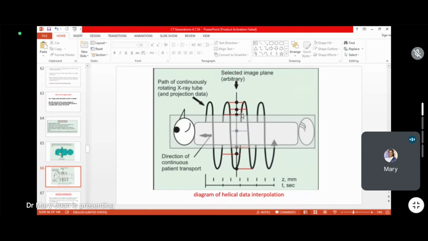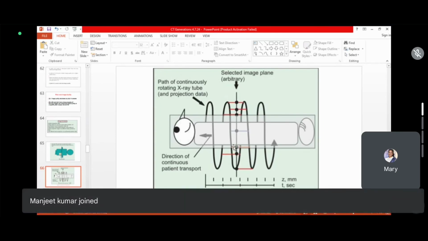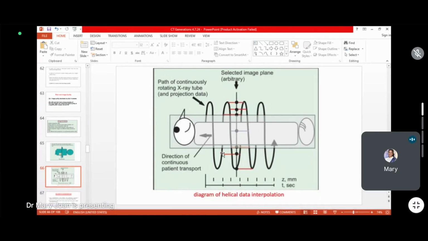This point and this point contribute to the information here, and this point and this point contribute to the information here, and so on for each pair of points. What we have to keep in mind is that the table is moving correspondingly, so the same information is acquired at different cycles.